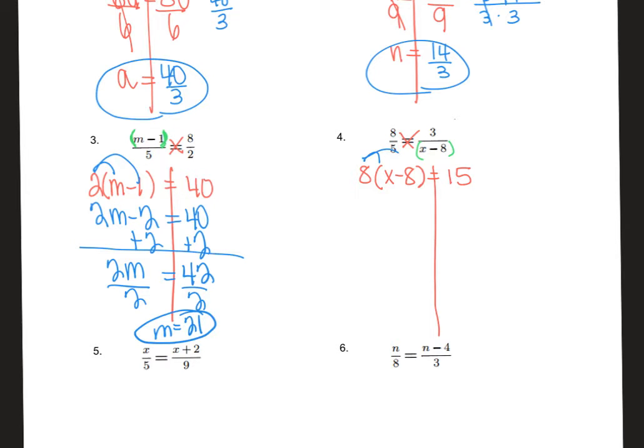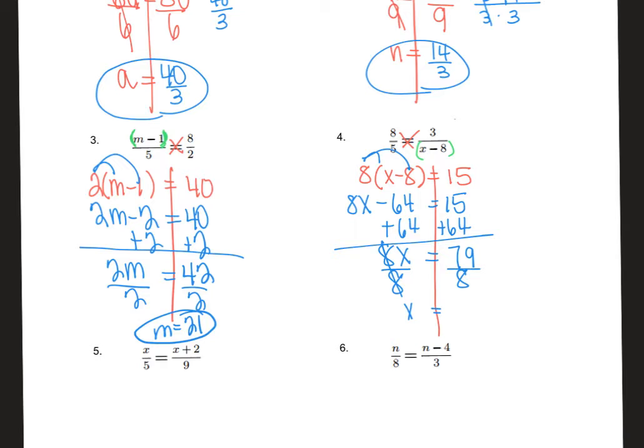I distribute that 8 out to the x and the negative 8, so I get 8x minus 64 equals 15. I add 64 to both sides. I get 8x equals 79. I divide both sides by 8, and I get x equals 79 over 8, and that does not simplify.